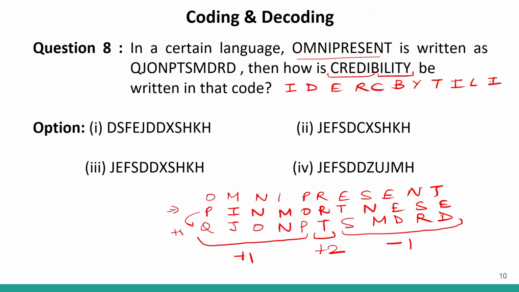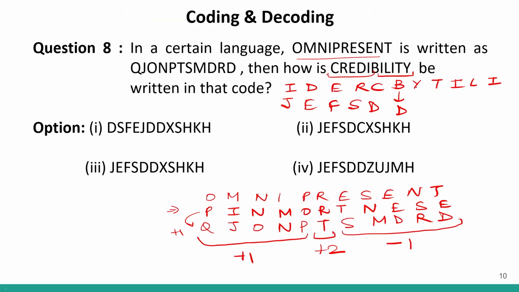Now if I give them ranks, the middle one will be +2. So I will get D. Over here it will be +1. So from I we will move to J, from D to E, E to F, R to S, and C to D. So it will be J, E, F, S, D. Correct? Now over here we have to go -1.